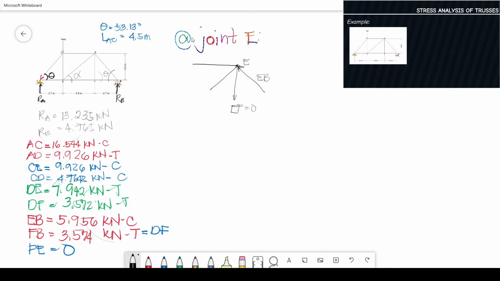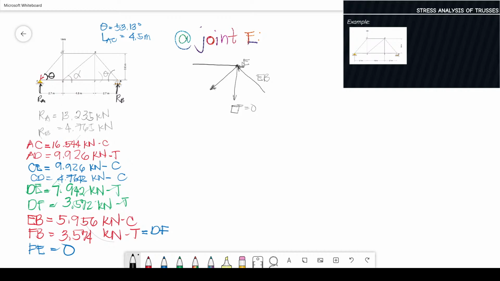Then, we have DE. DE is tension. Then, CE is compression. So, what we're going to do is just check the members that we have computed or check the stresses that we have computed, diba?